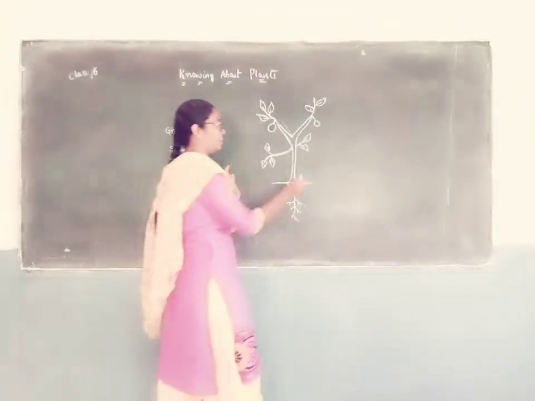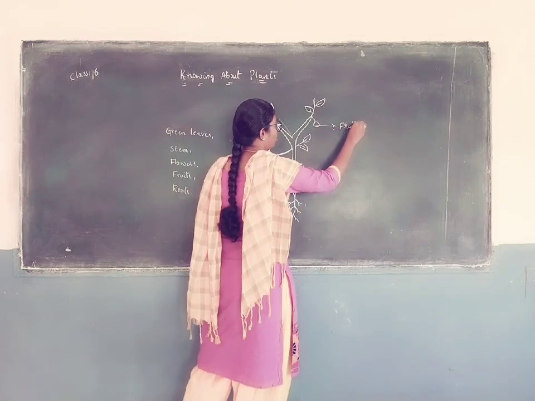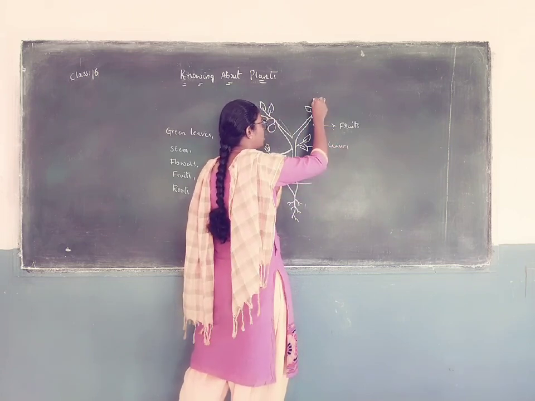A normal plant contains fruits, leaves, and, sorry, I forgot it.